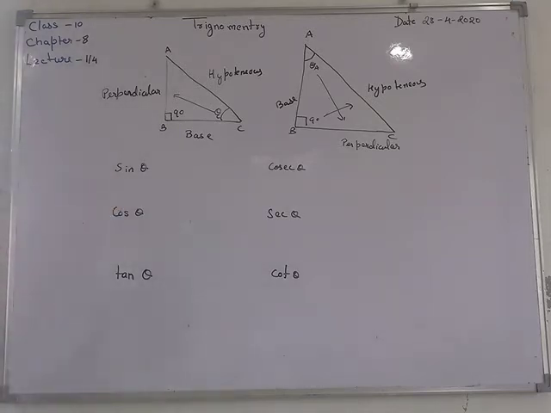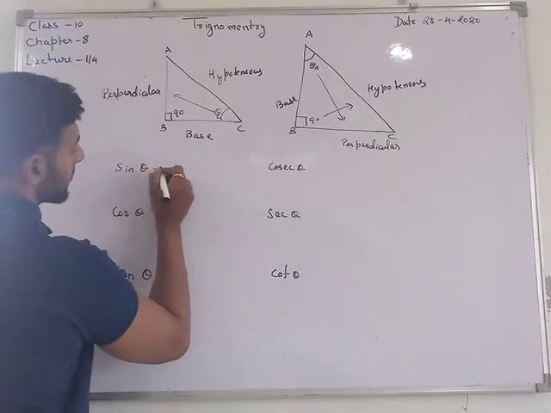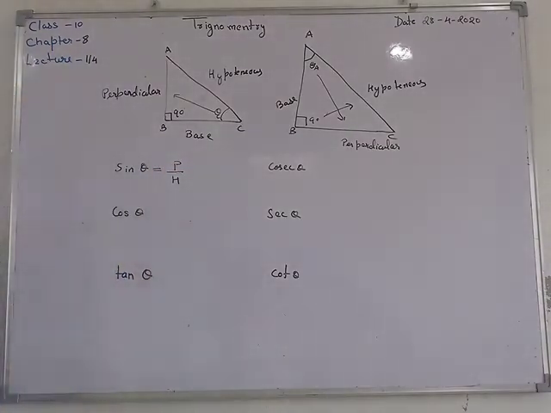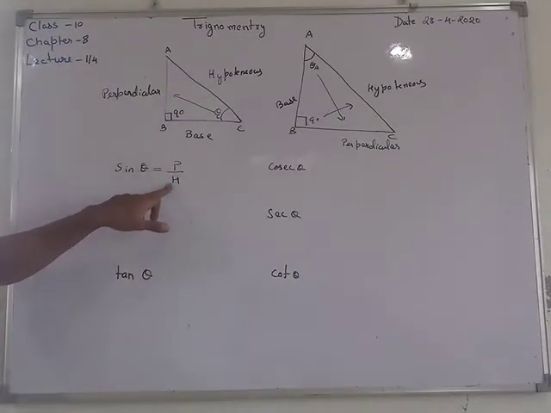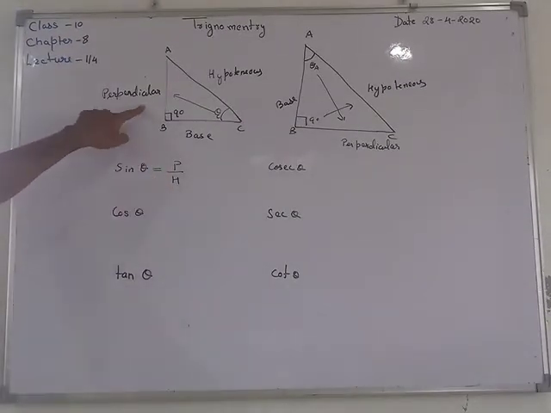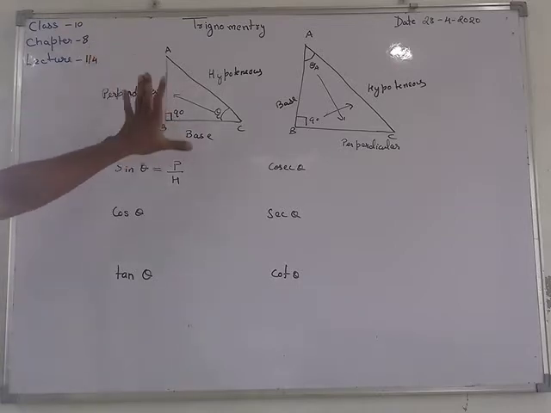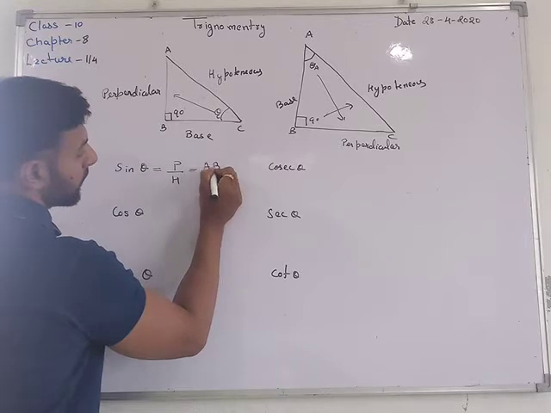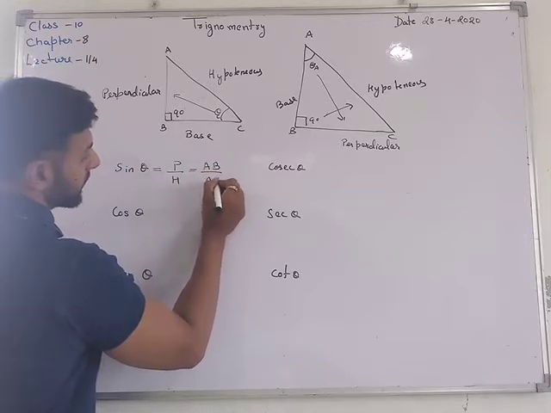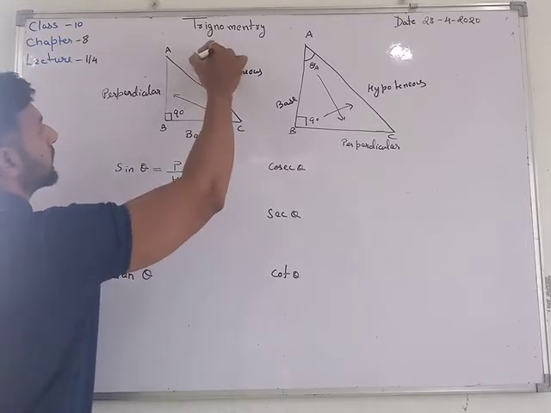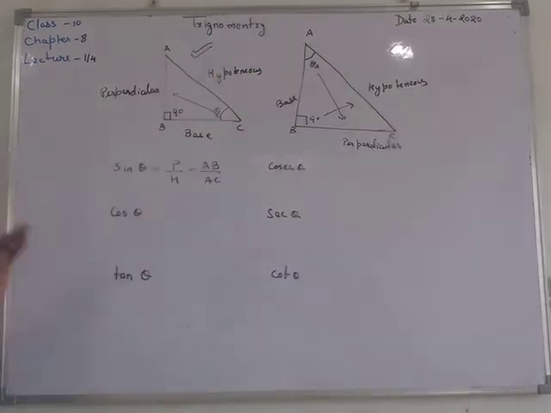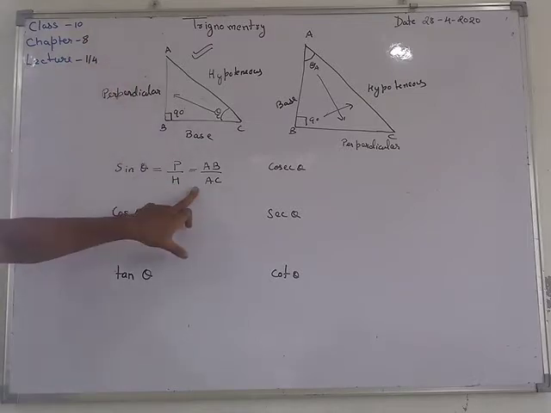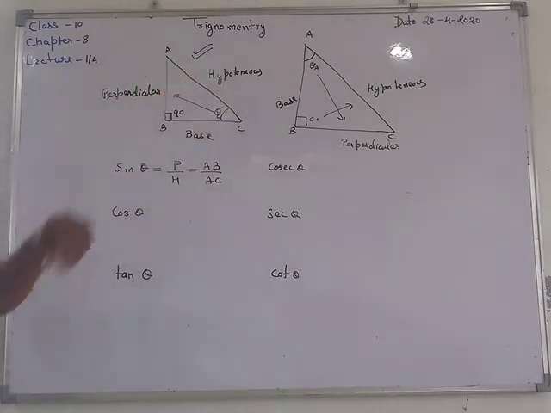First is sine theta. Sine theta is perpendicular upon hypotenuse. What is perpendicular in this? AB, and hypotenuse is AC. So AB upon AC. I am talking about this diagram. Perpendicular is AB and hypotenuse is AC.